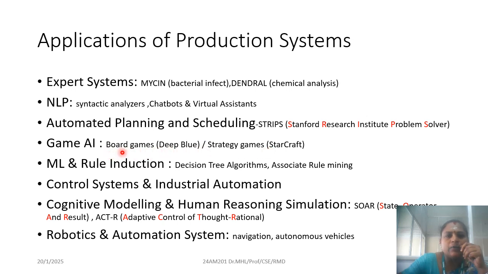Deep Blue is an example of a board game and StarCraft is an example of a strategy game. For ML and rule induction, we can go for decision tree algorithms or association rule mining. For cognitive modeling and human reasoning simulation, you can go for ACT-R, Adaptive Control of Thought Rational. Robotics and automation systems are helpful for navigation and are applied in autonomous vehicles also.